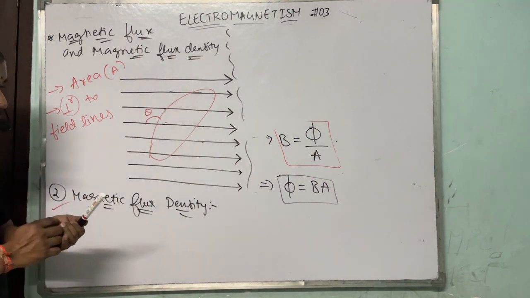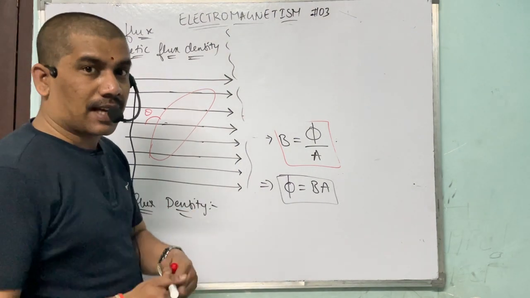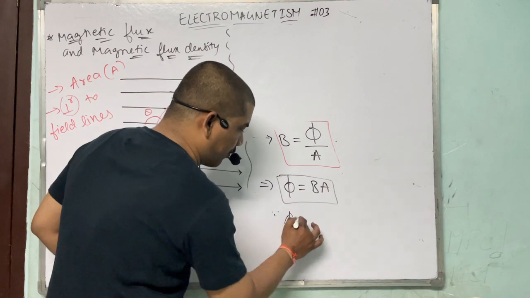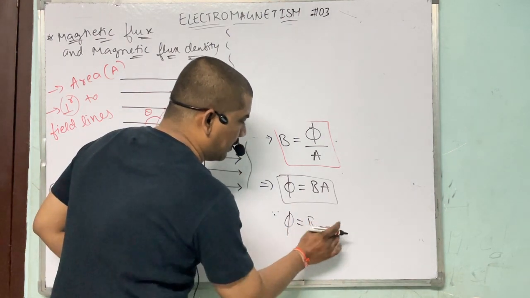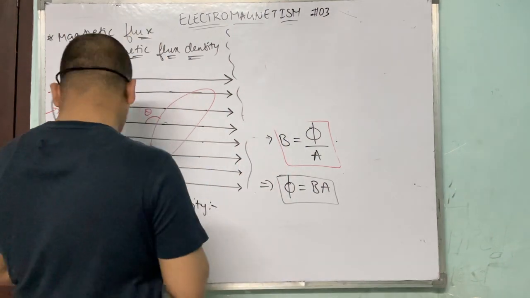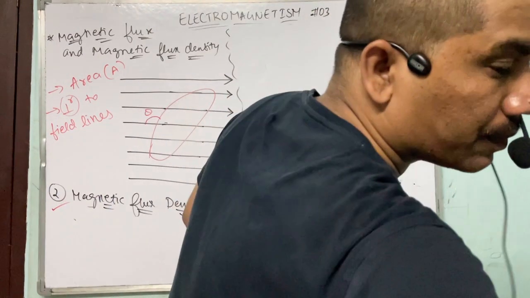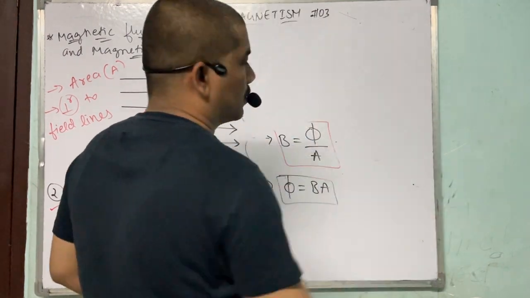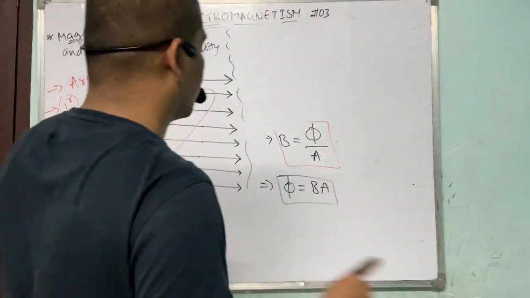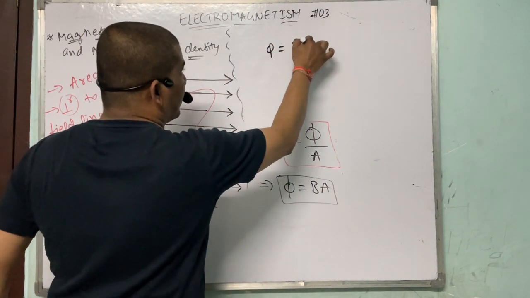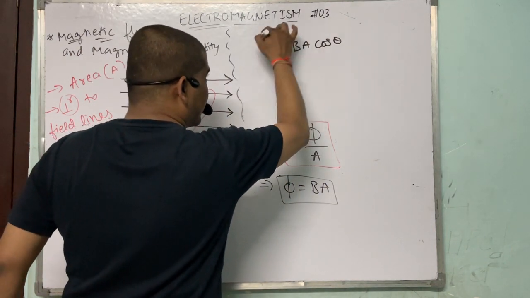Then this formula won't be useful at that time. Actually the general formula is this one. The magnetic flux general formula is BA cos theta. This is the general formula.